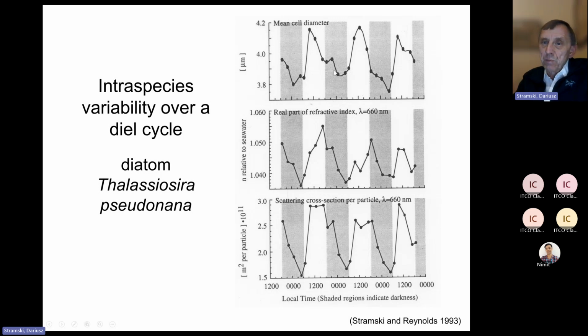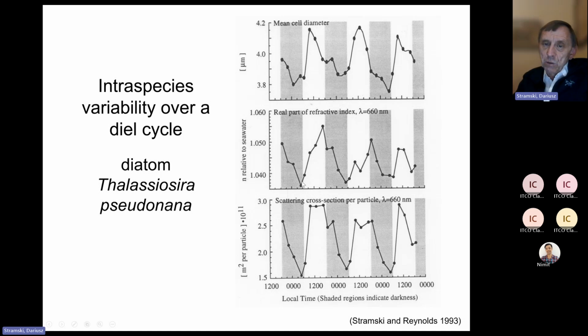So the size drops and reaches a minimum before sunrise, and this cycle repeats itself. And very importantly, the estimation of refractive index in these experiments indicates that refractive index shortly after sunrise increases sharply and attains a maximum near the end of the day and then goes down.